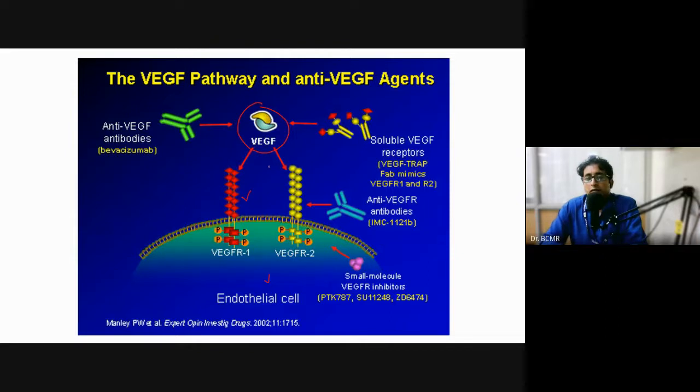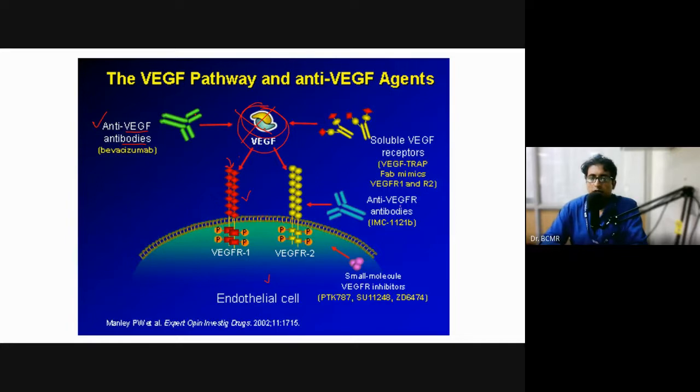So we can do multiple anti-angiogenic approaches. One of them is to remove the VEGF by adding monoclonal antibodies against VEGF. When the antibody is bound to the VEGF, VEGF cannot interact with the receptors. So we can probably do it that way.